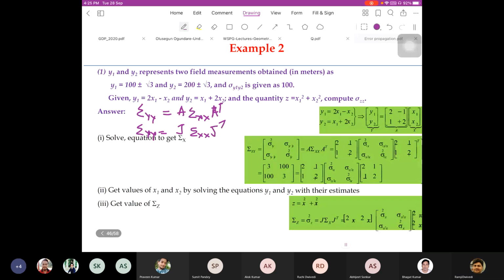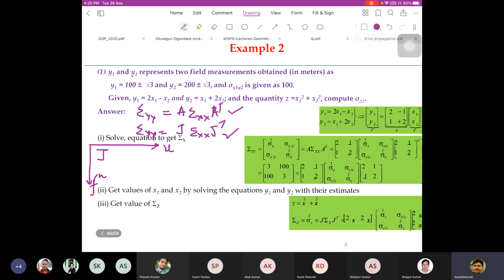Now you see the model. If it is linear, this will apply. If it is non-linear, this will apply. You should also know how the Jacobian will form. Rows will form according to the number of functions. Columns will form according to the number of variables.